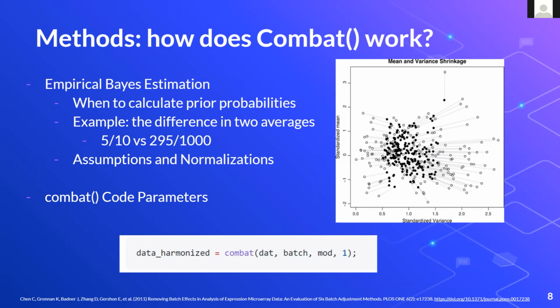And the ComBat code parameters are pretty simple. You have your data, which is a matrix where the rows are the features and the columns are the different samples. You have your batch, which identifies the ID of the specific site, scanner, or signal that you want to correct for. This should be the smallest unit of measurement that you believe introduces negative variance into your study.